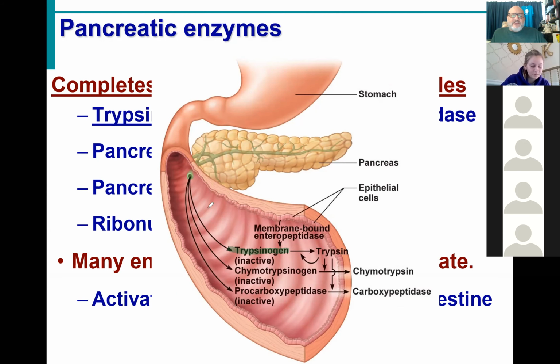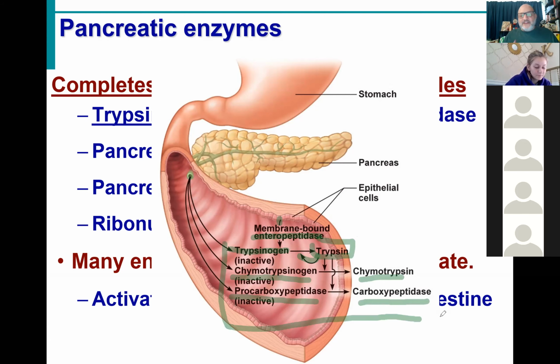Trypsinogen, when it reaches the small intestine through that duodenal papilla, is activated by one of those brush border enzymes located in the small intestine, enteropeptidase, and again, you don't need to know these words, and it is activated into trypsin. Trypsin, like pepsin, can help to activate more trypsin and can help to activate chymotrypsinogen into chymotrypsin and procarboxypeptidase into carboxypeptidase. But again, you don't have to know the inactive and the active form.